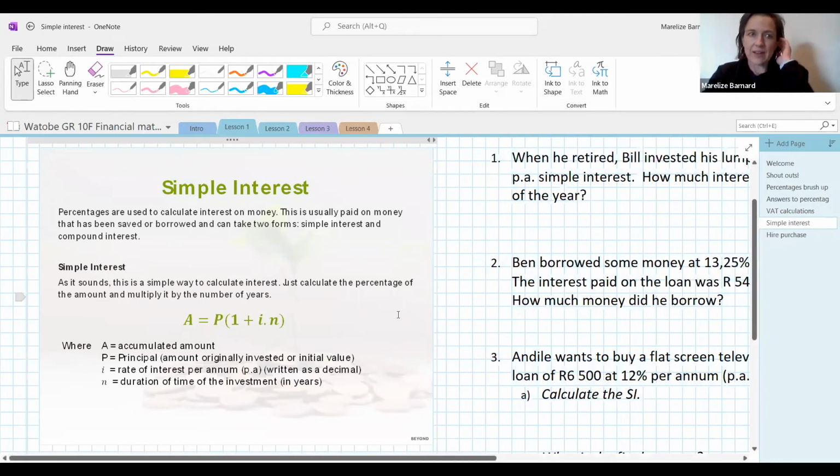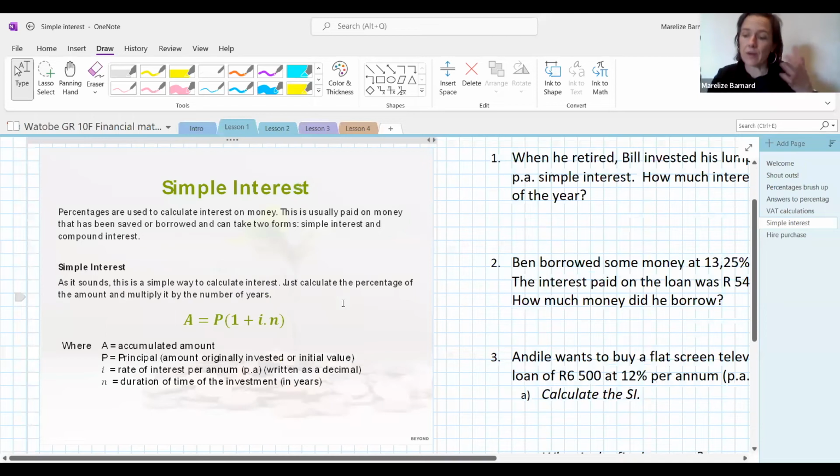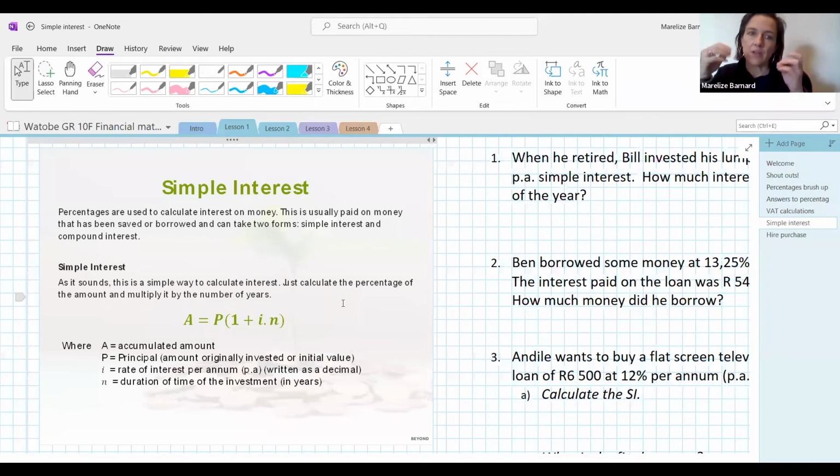Okay. All right. So let's have a look at simple interest. Simple interest is something that we calculate when we are putting money away or if we are borrowing money. So in our school, in grade 10, 11 and 12, you learn about simple interest and compound interest.